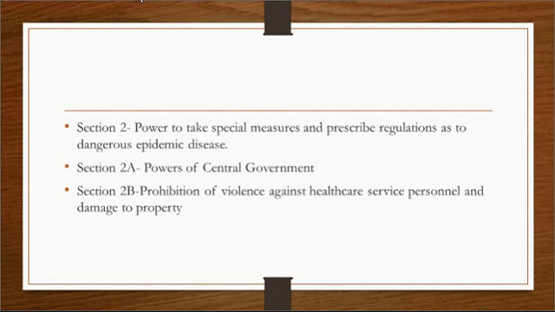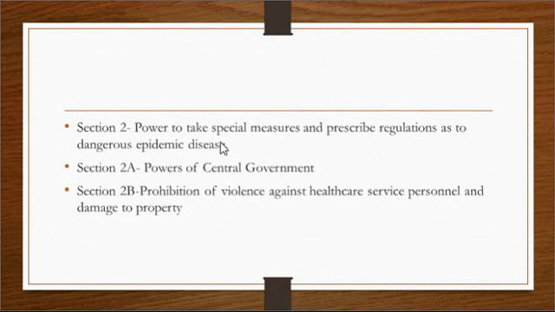Now see, in section 2 of the previous act, this power has been given to the central government also. So if the central government is satisfied that India is threatened or visited by an outbreak of any dangerous epidemic disease, then the central government may take measures and prescribe regulations to control the spread of this disease.